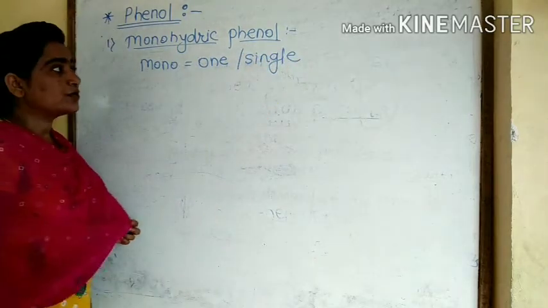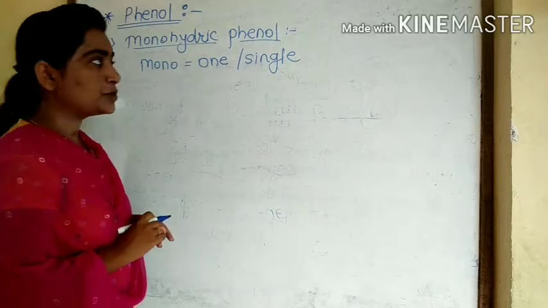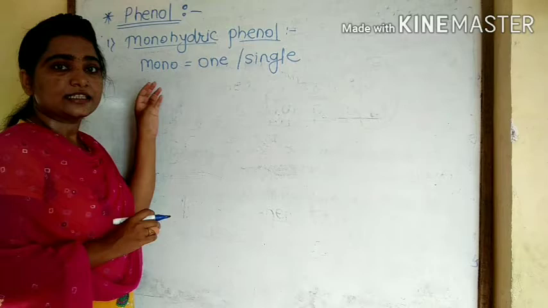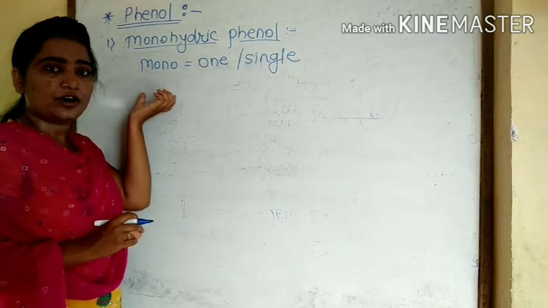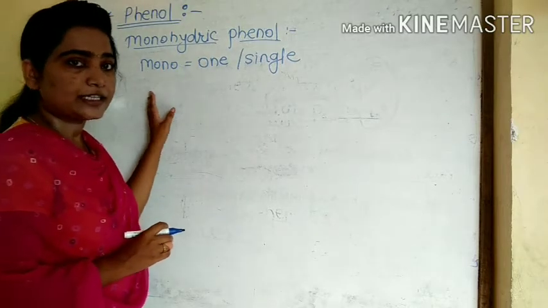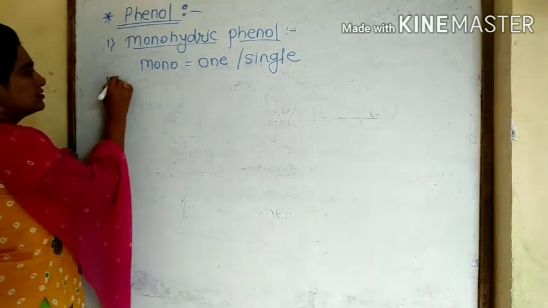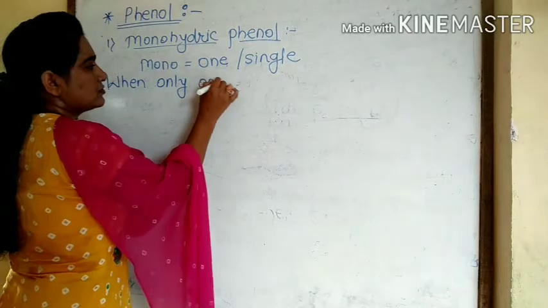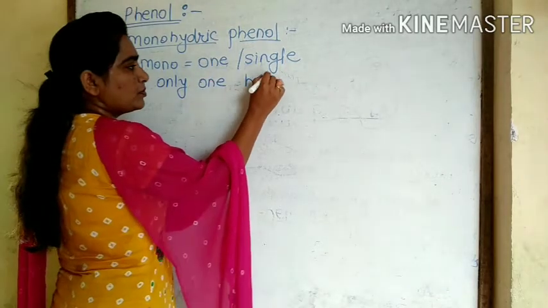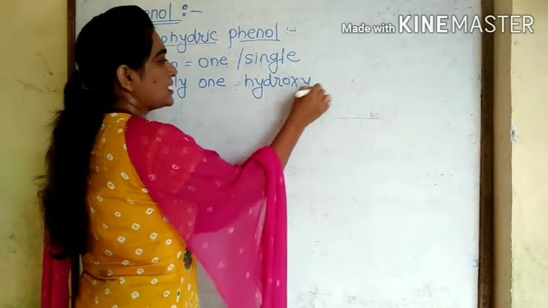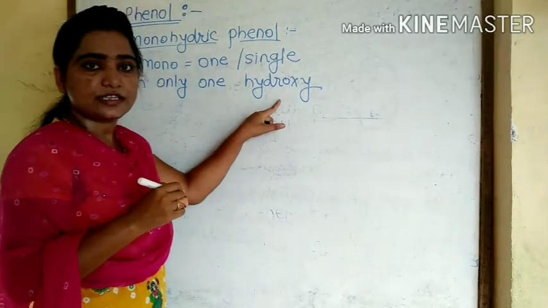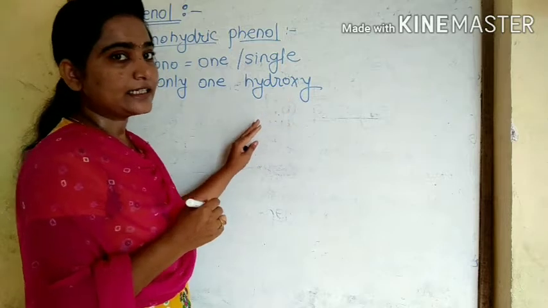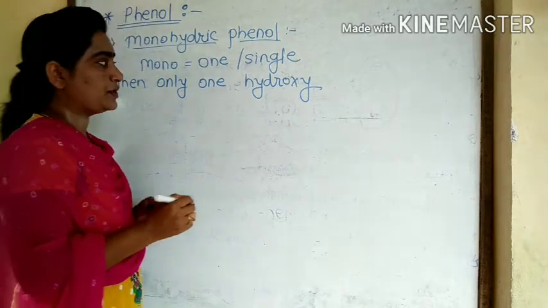Okay, so when only one hydroxy group is present in the aromatic ring, then it is known as what? Monohydric phenol. Or we can also say that when only one hydroxy group is directly attached to the benzene ring, then it is known as monohydric phenol.